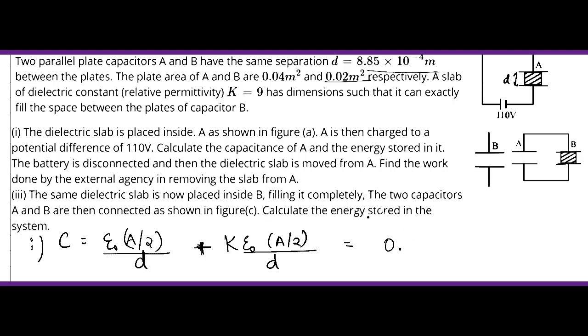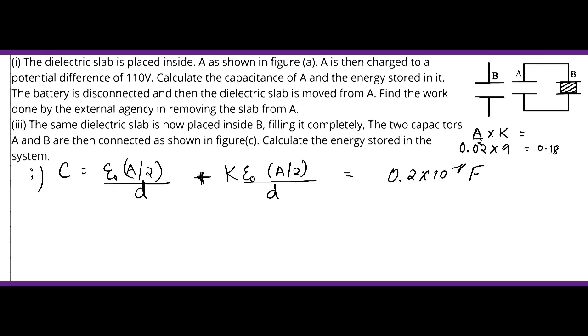Why 0.18? Because the leftover area 0.02 into 9, that is K, area into K, A by 2 into K, is equal to 0.18. Taking epsilon naught by D common, this value turns out to be 0.2 into 10 to the power minus 8 Farad.